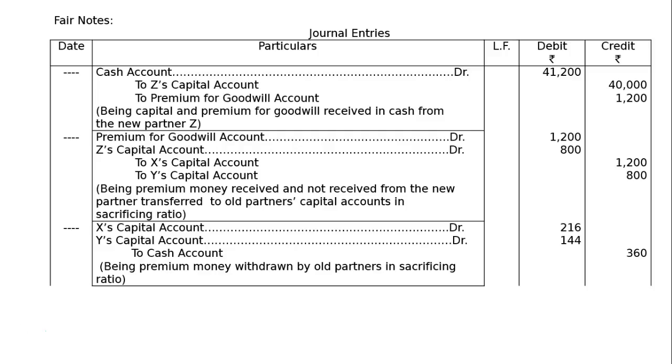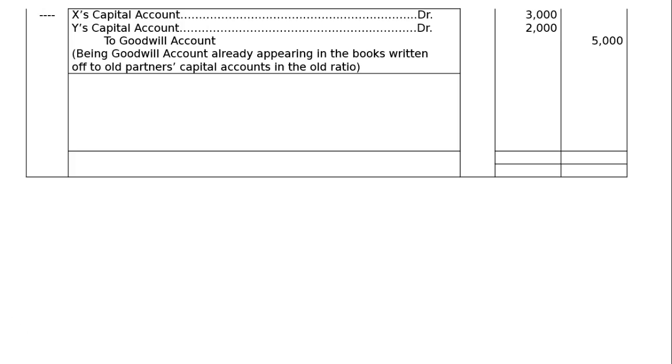These 360 was distributed among X and Y as 216 and 144 in the ratio of 3:2. Otherwise, you can say this is 1200 multiplied by 30%, that is 360, and that was distributed in sacrificing ratio. Being premium money withdrawn by old partners in sacrificing ratio.